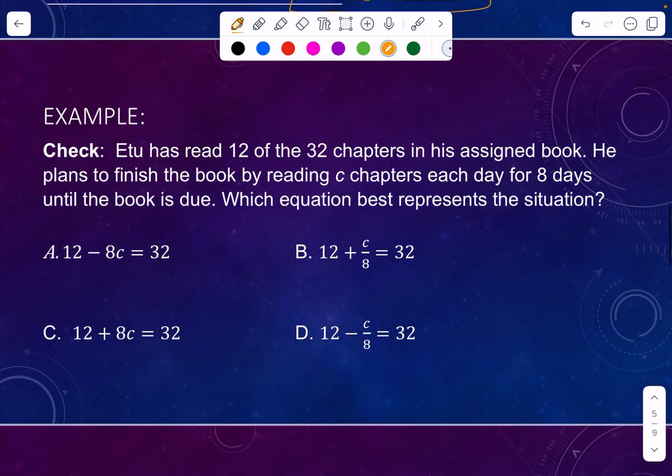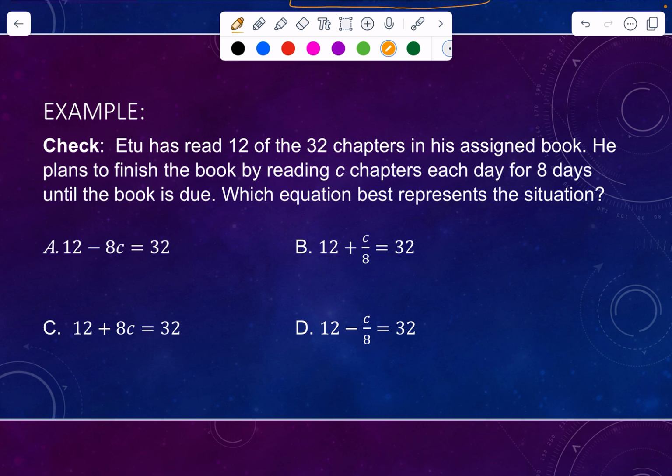Let's try this next one. See if we can figure this one out. Ezra has read 12 of the 32 chapters in his assigned book. He plans to finish the book by reading c chapters each day for 8 days until the book is due. Which equation best represents the situation?